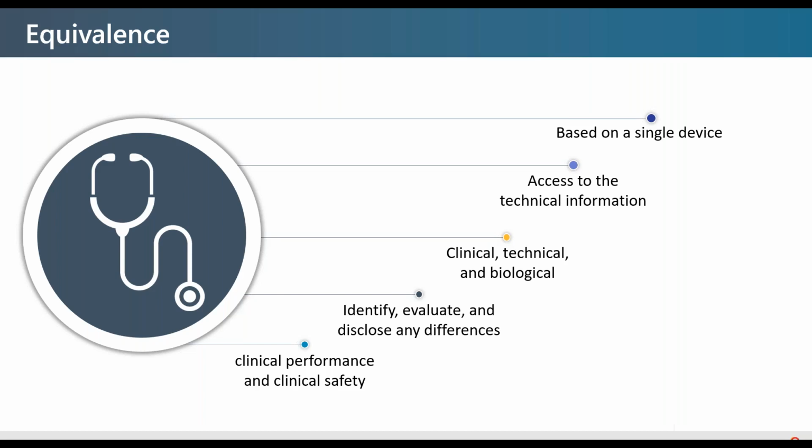But even then, biological needs to have the same materials contacting the same tissue or body fluids. And then anything that isn't the same, or even if it's similar, you need to justify why. And so I put this in a table format, put them side by side, show what's different, and explain those differences.